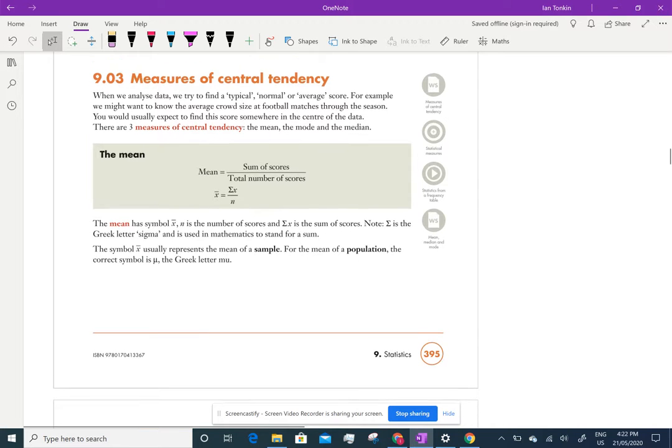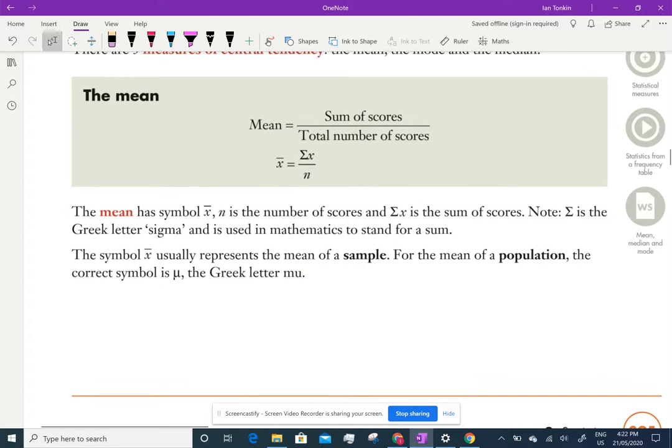Now, the sample mean usually is represented, and we can see here, and when we talk about samples, we use English alphabet, so x's and s's: x with a dash for mean, and s for sample standard deviation.